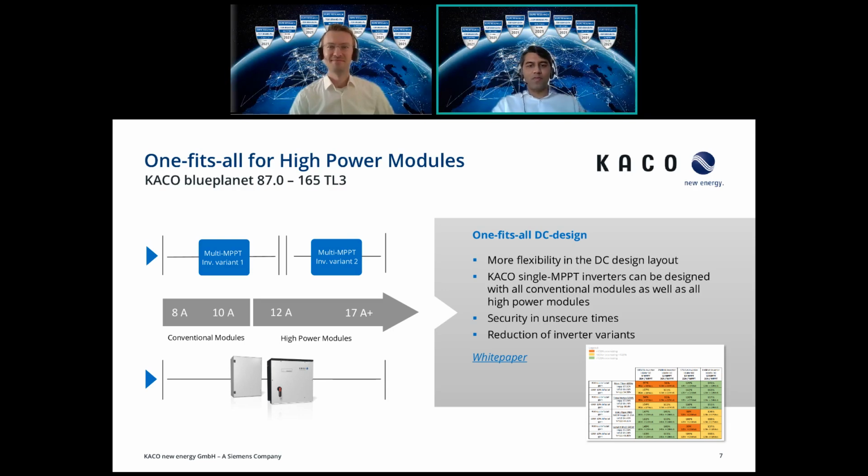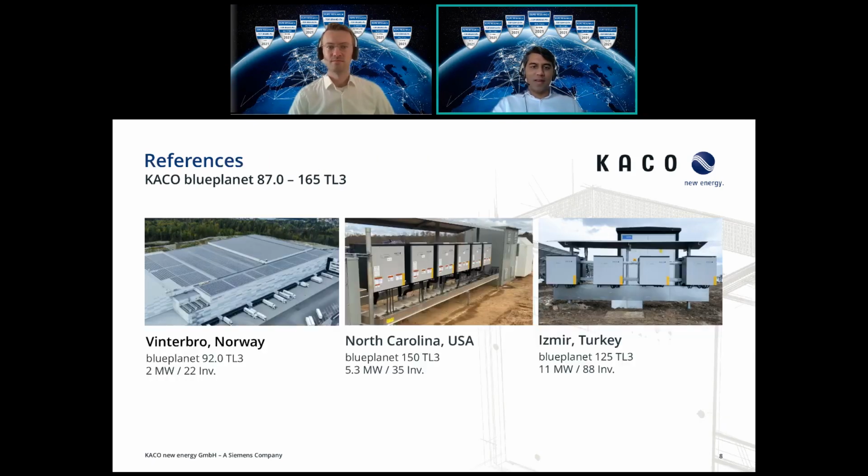So that gives you the full flexibility to do your DC design layout, and gives you a lot of security in these current unsecure times when there could be a lot of supply issues, with regard to what module prices you can secure, from which manufacturer, so you do not know. And to secure the design, you have one less thing to worry about when you're using a single MPPT inverter on your projects.